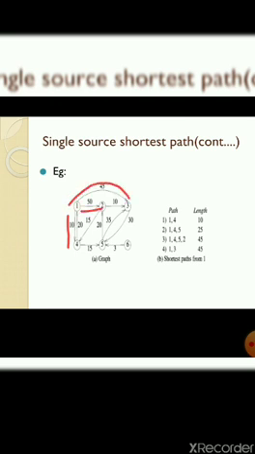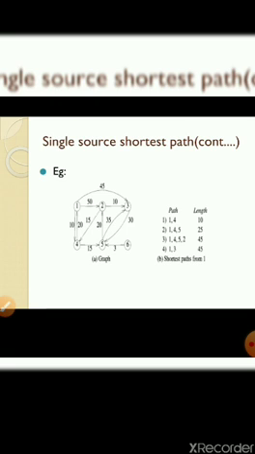The minimum weight for 1 is 10, so we considered it. 1 to 4 is 10.